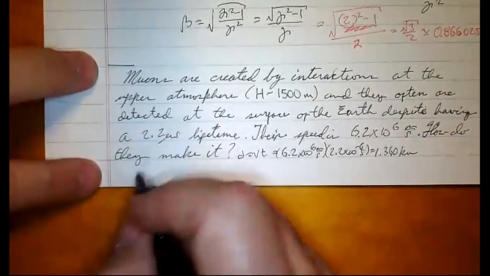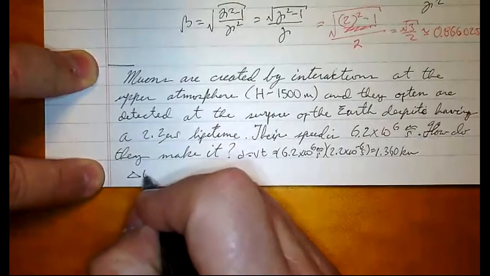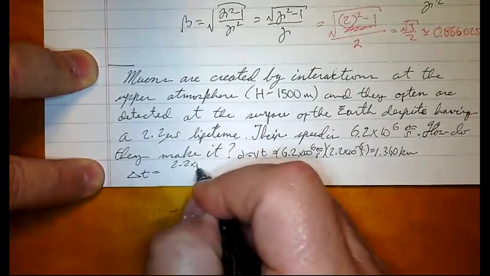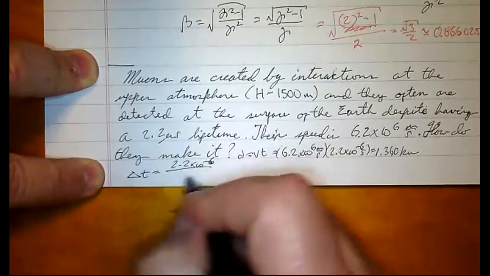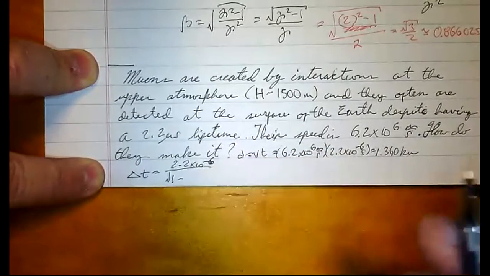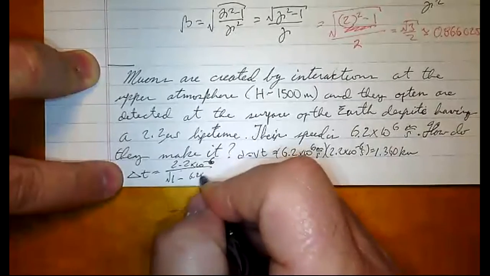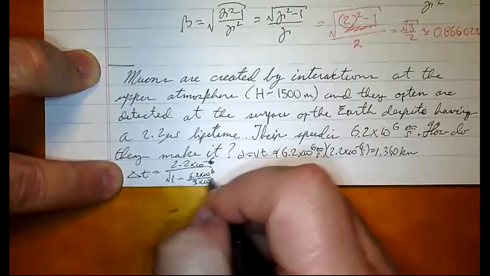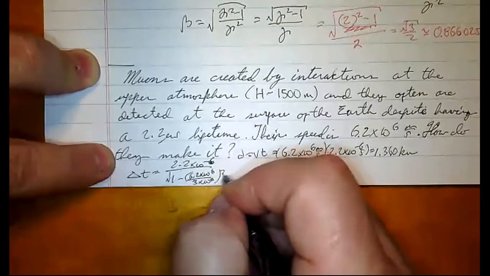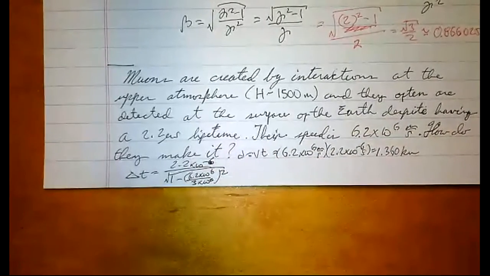So in fact, what we see its lifetime being, delta t, should be equal to 2.2 times 10 to the negative 6, its lifetime, over the square root of 1 minus beta squared, which is 6.2 times 10 to the 6th over 3 times 10 to the 8th, squared. And that turns out to be more, obviously, than 2.2 times 10 to the negative 6.